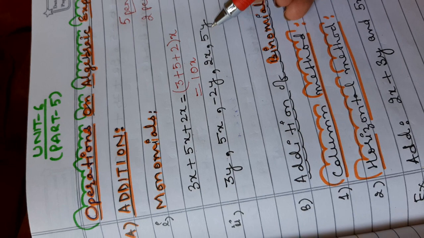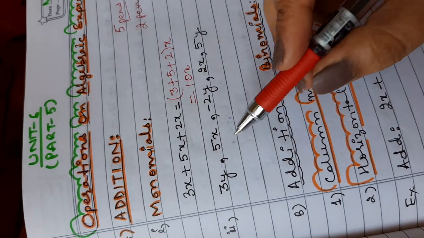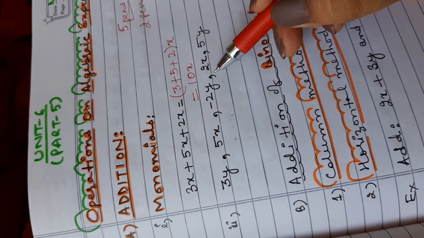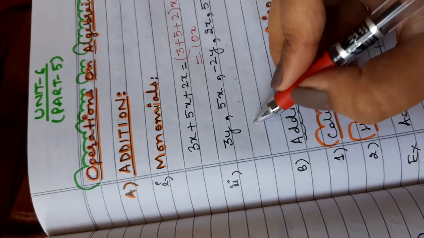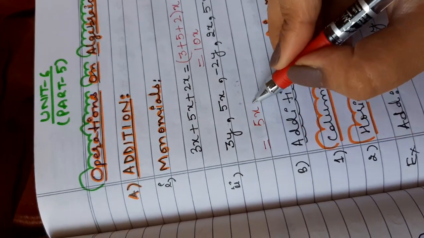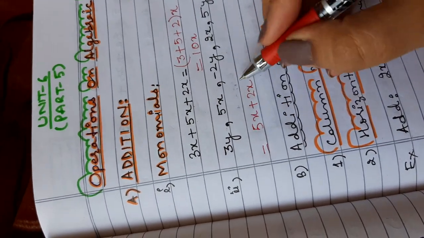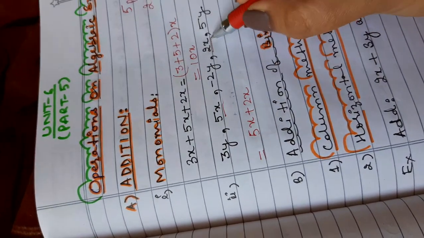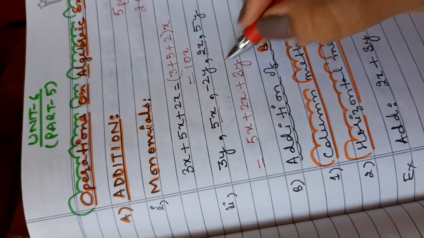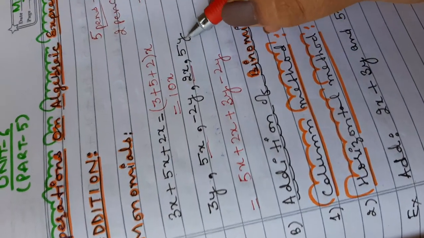Let us understand this by taking another example. Suppose these terms are given to us. What we will do? We will first rearrange the similar terms. That is 5x, we will write it together, plus 2x, then we will take the terms of 3y, minus 2y is there, so we will write minus 2y, then 5y.